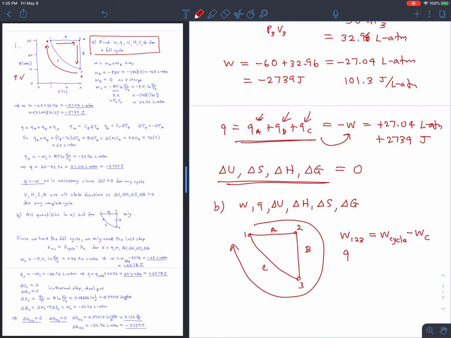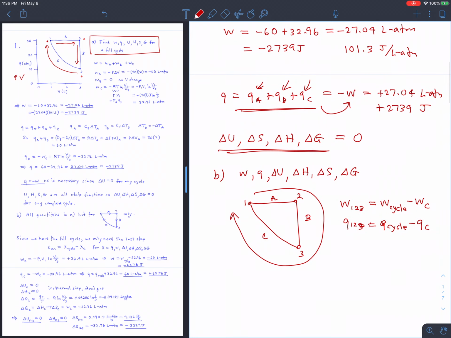And likewise for Q, that's just Q for the cycle minus Q for C. And we know that these two are related to each other, right? Q is equal to minus W overall. So that's going to make things easier. And then delta U for 1, 2, 3 has to just be 0, right?